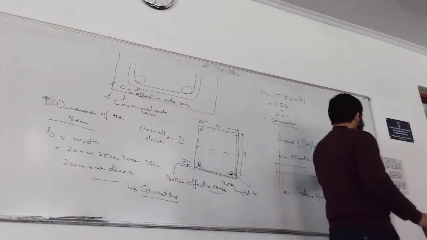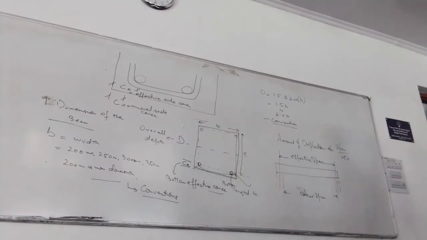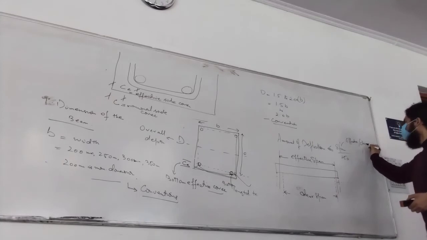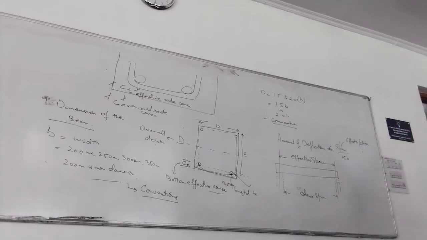Now, when it says span by 250, it probably is saying effective span or clear span. You are not sure here. What is it saying?